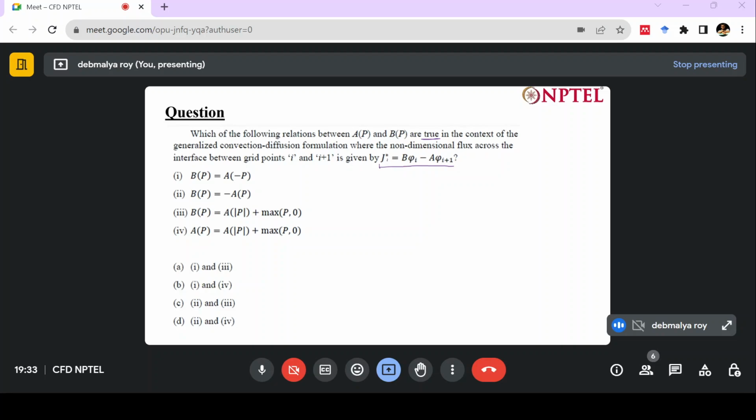So what are the contributors of this J? The i point is contributing.